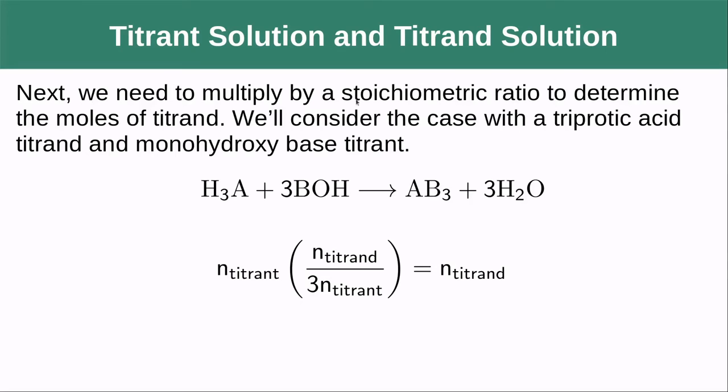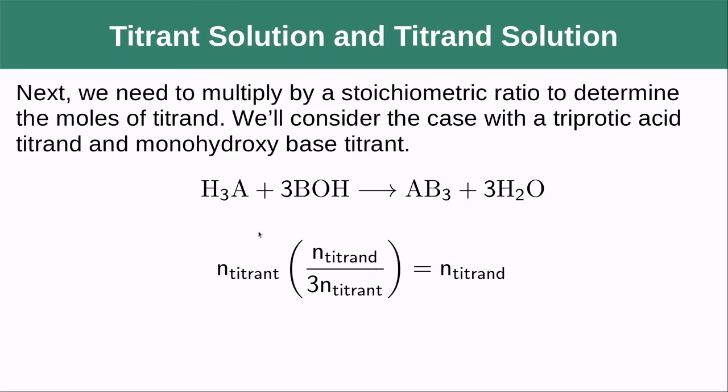Next, we need to multiply by a stoichiometric ratio to determine the moles of our unknown. In this case, we'll consider a triprotic acid unknown and a monohydroxyl base titrant. Here we have our triprotic unknown. We're going to need 3 equivalents of base for every one of these to form our salt and our 3 water molecules.